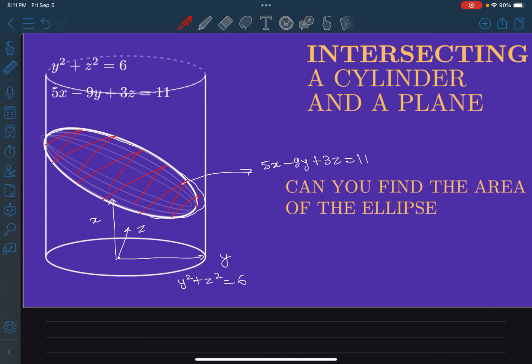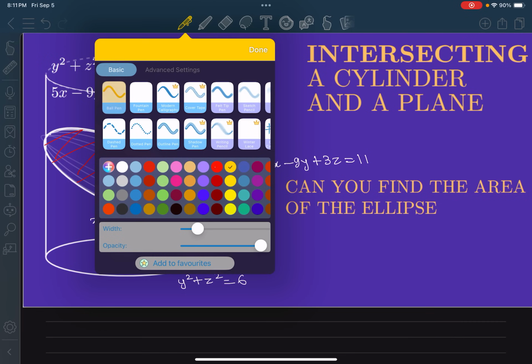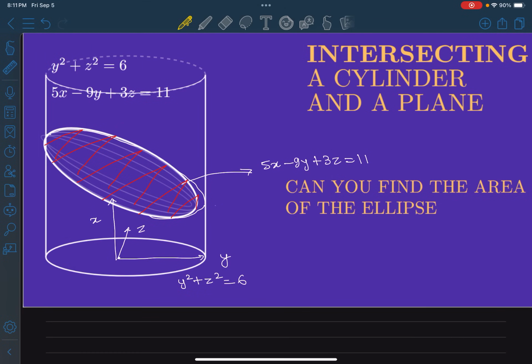Now, I didn't know this idea, so there's actually a pretty simple idea, because of which I was pretty interested to make this video, and I think it will be helpful to you as well. So basically, if you project this ellipse onto this flat plane over here, the YZ plane at a certain height, then this will just be a circle, right?